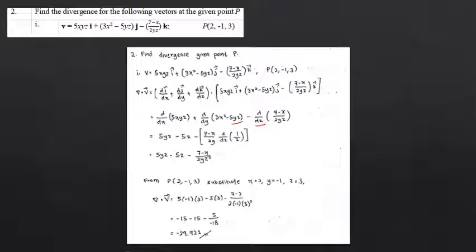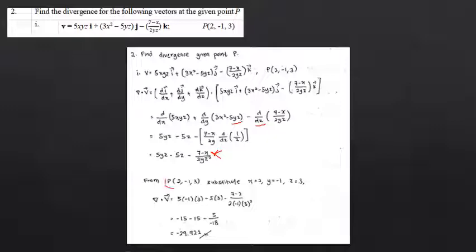Hence, after the differentiation, I get this new equation: 5yz minus 5z minus 7 minus x over 2yz squared.